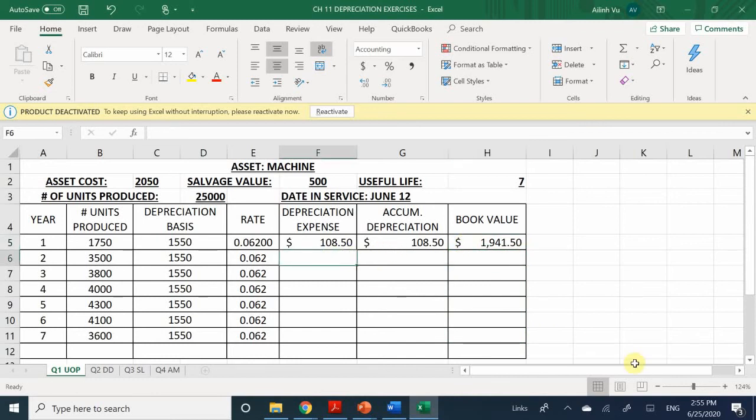All right, so what is the next one? Now that I've already solved for the first two columns, how do I solve for my second year's depreciation expense?